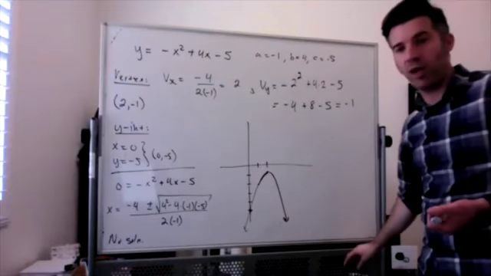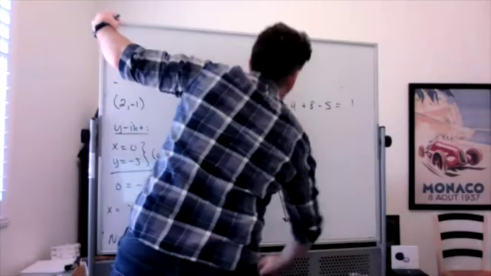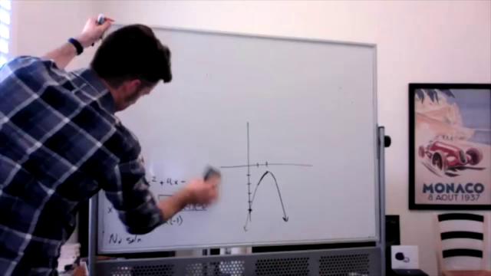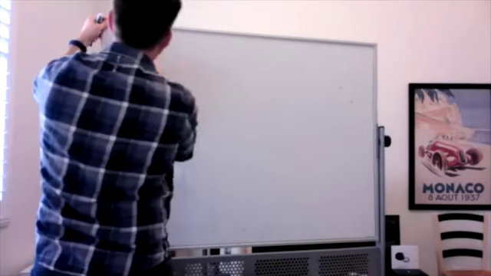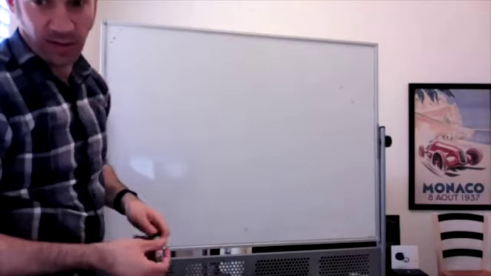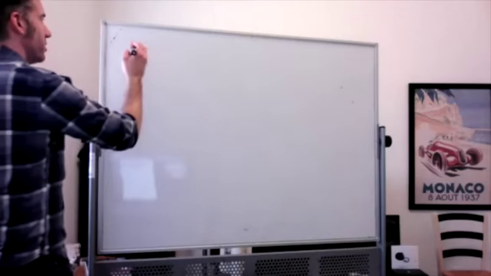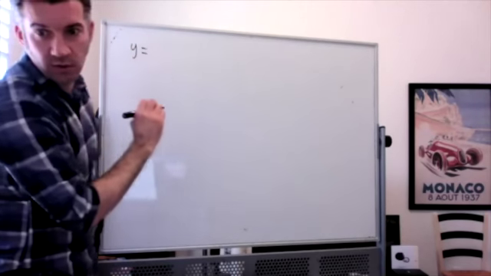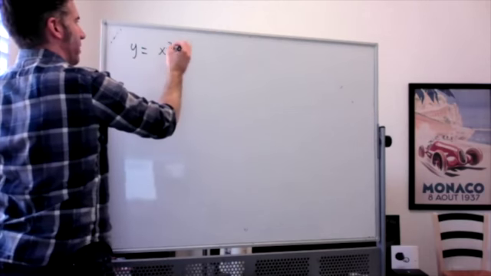So let's graph one more parabola. We're going to do it slightly differently. We're going to use what's called the completing the square method. Let's look at y equal to X squared minus 4x minus 5.